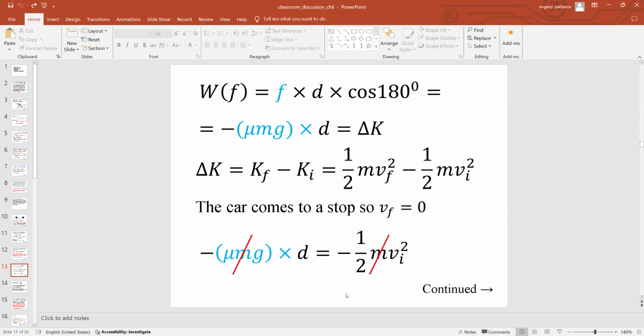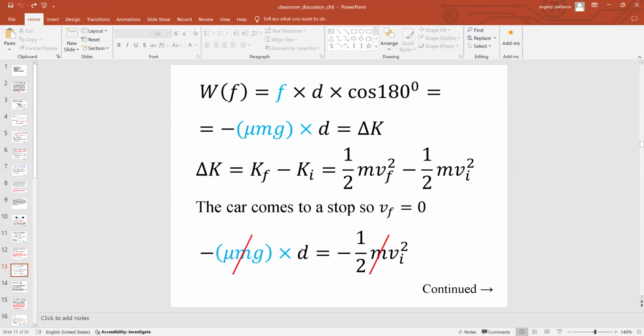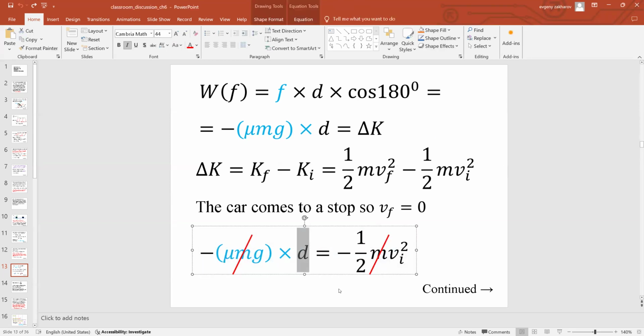And we already had this phenomenon before. We discussed that it confirms our particle model. It doesn't matter how heavy the object is. It's only the coefficient of friction that matters. And you can see, once again, it's only the coefficient of friction that really matters on the distance traveled before the car comes to a stop.